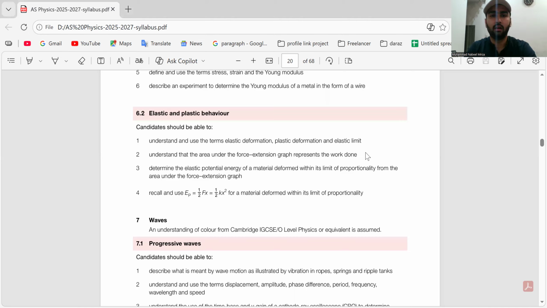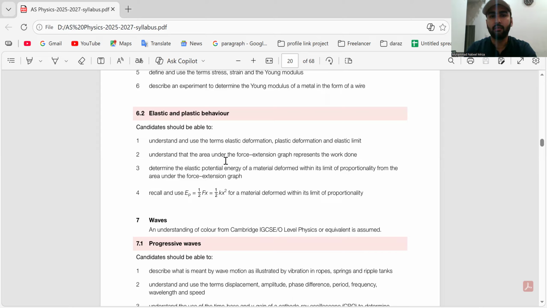In compression or tension, what is the behavior of elastic and what is the behavior of plastic? We will find out the difference between them. First, understand and use the terms elastic deformation, plastic deformation, and elastic limit.